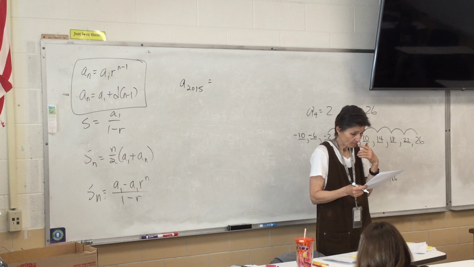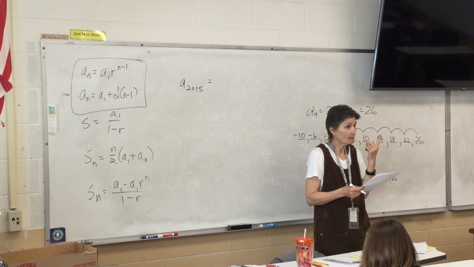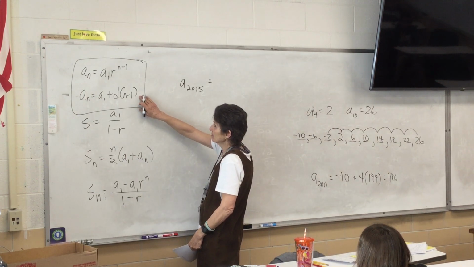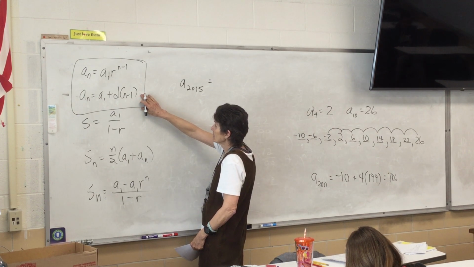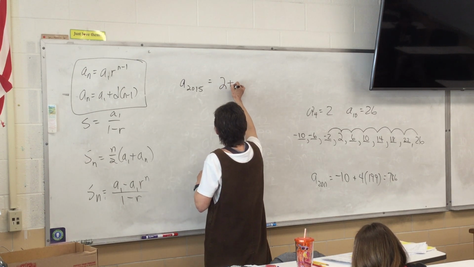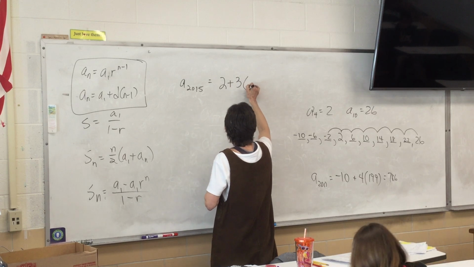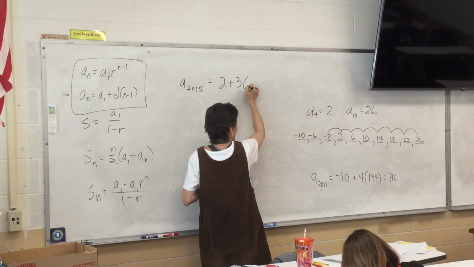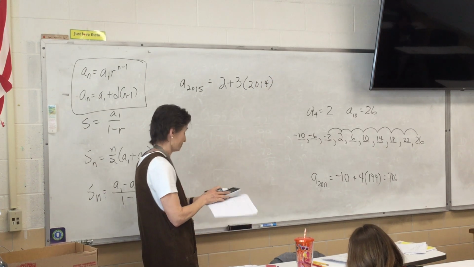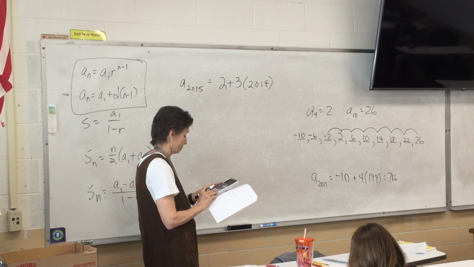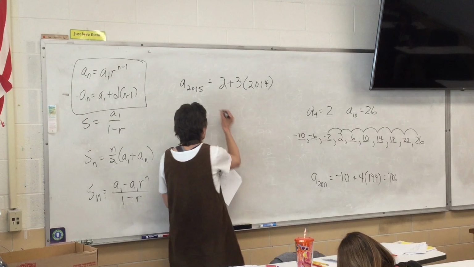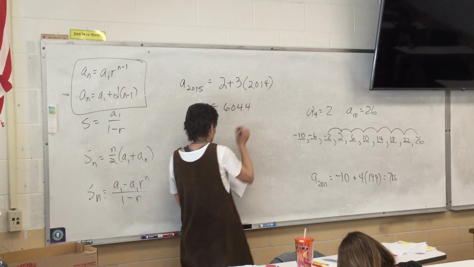So what do you think? Arithmetic with a difference of 3. So this is my arithmetic formula right here. So a sub 2015 will be the first term plus the common difference times 2014. Perfect. I got 6,044.